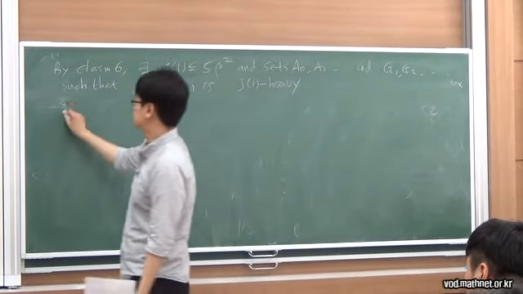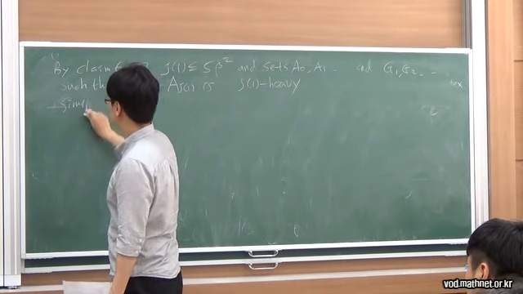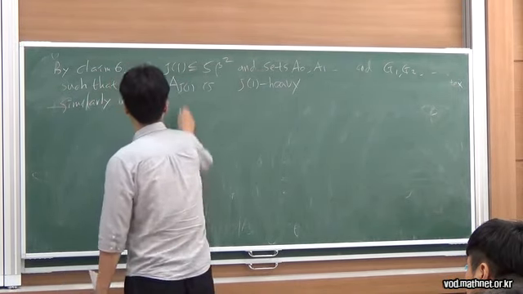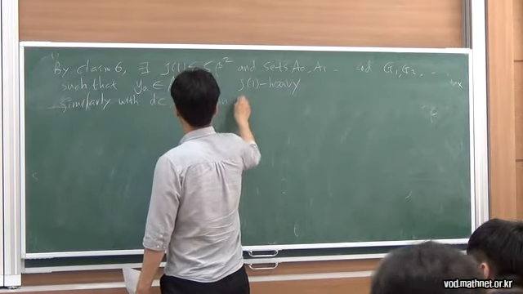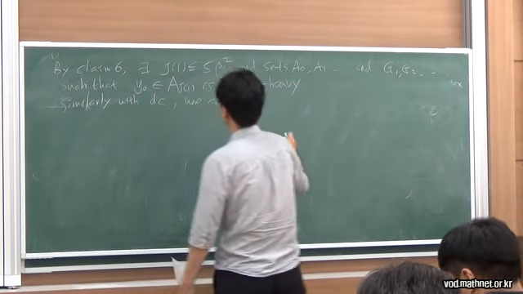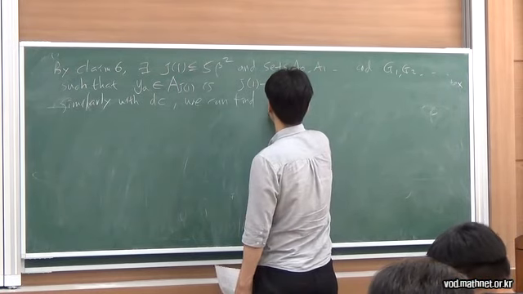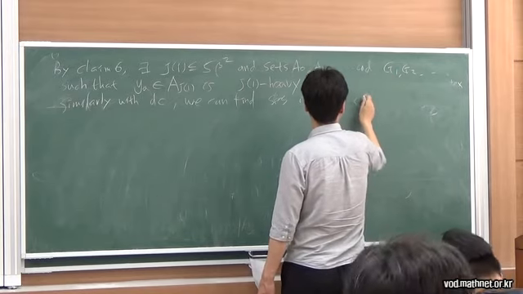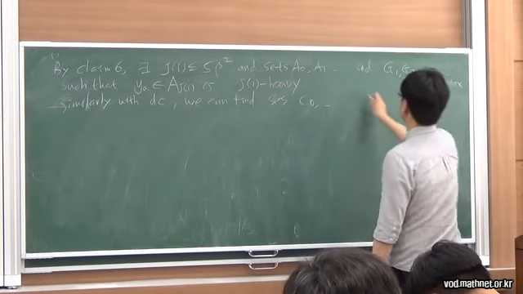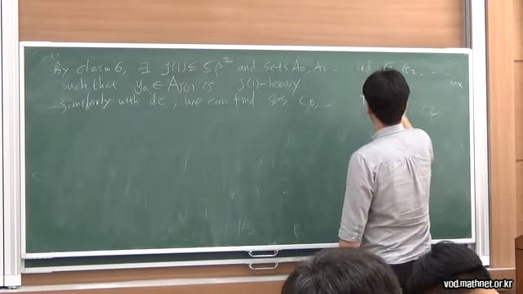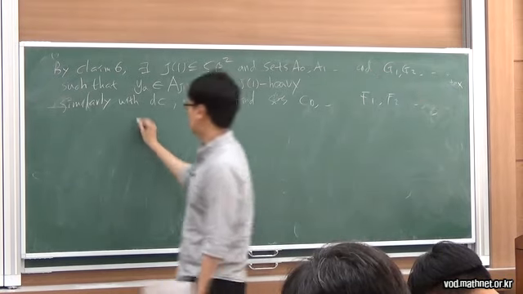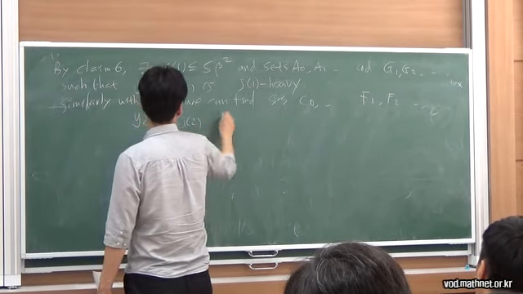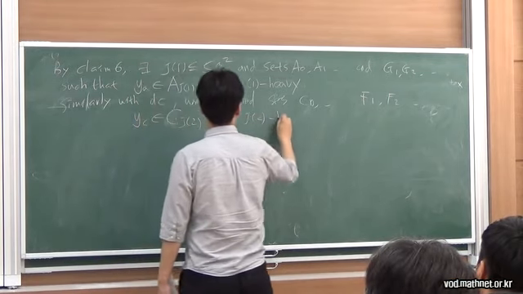Similarly, with D and C, we can find sets C sub 0 and say H, F1, F2, such that the y sub c is in C sub j2 and is j2 heavy.